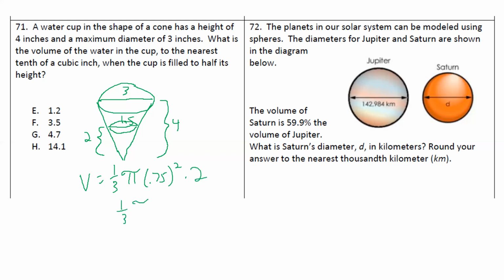So 1/3 pi, multiply by 2, divide by 3. We get 0.375 pi times pi. That's 1.178, which is close enough to E.